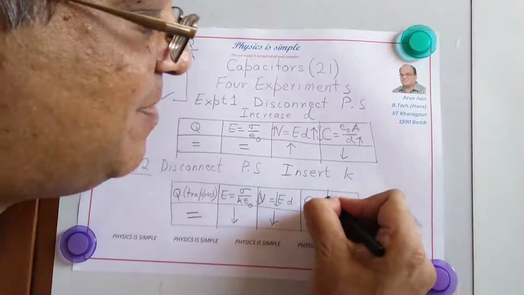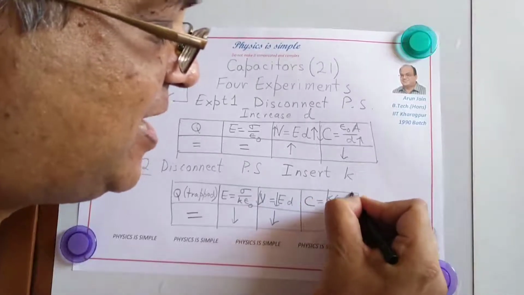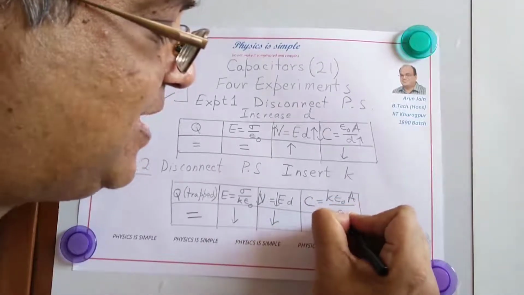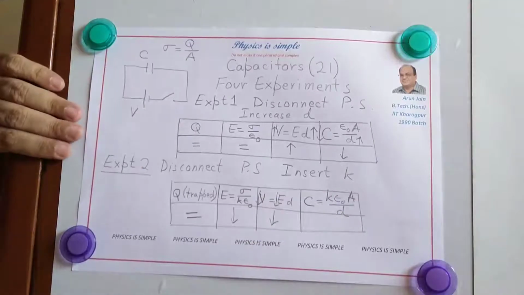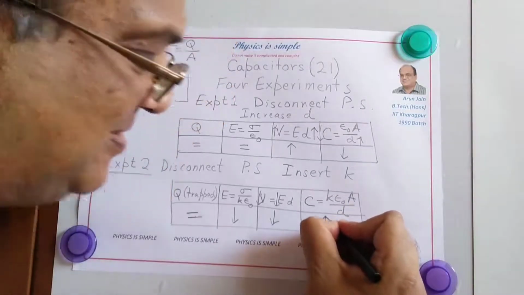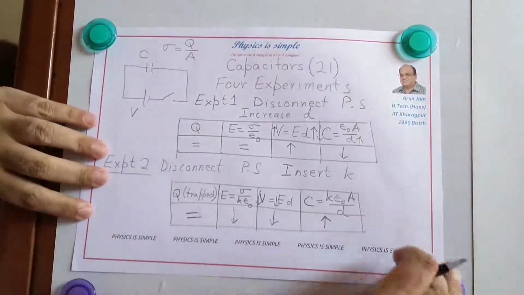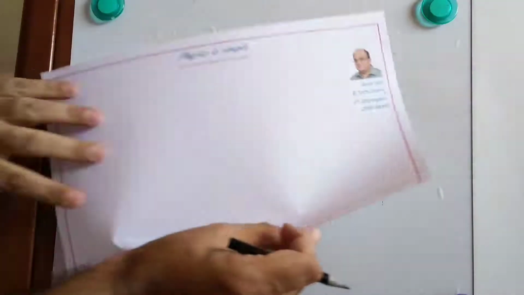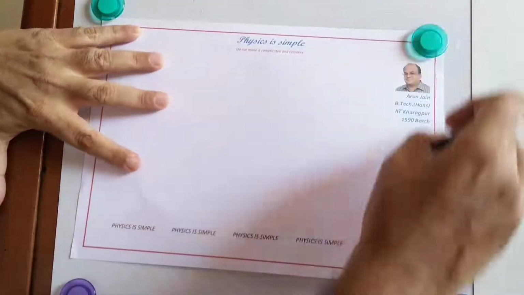Capacitance is now given by K epsilon naught A by D. Epsilon naught has become K epsilon naught because of dielectric. And since K is more than 1, capacitance will increase. So when the power supply is disconnected, charge remains constant. That is most important to remember.